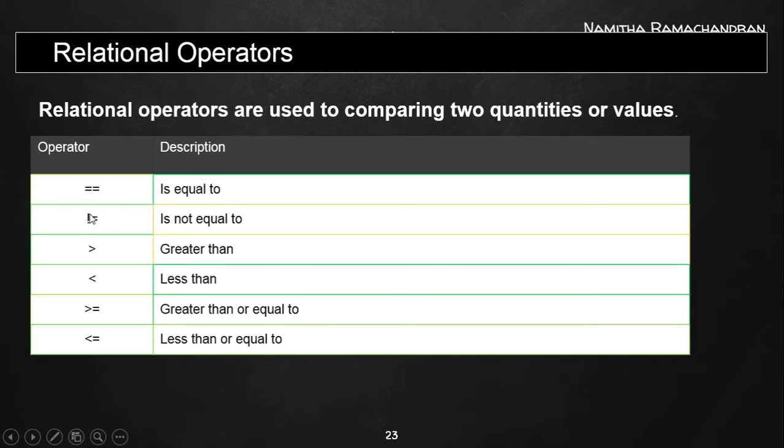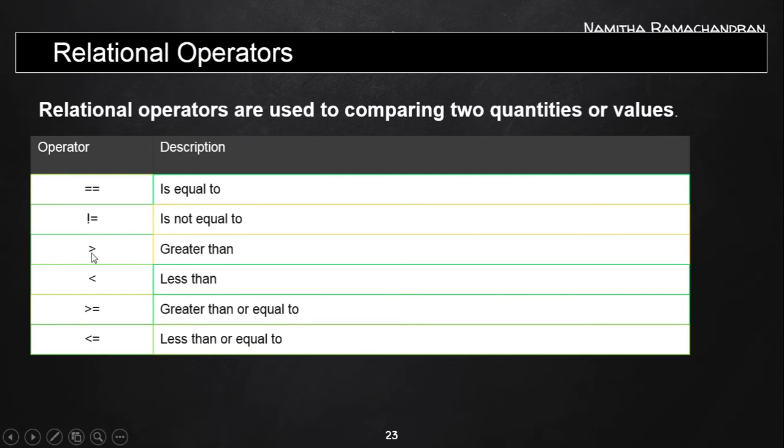And this one, an exclamation mark with an equal symbol, is used to check whether the two quantities are not equal. This one is used to check if the two quantities are equal, and this one is used for checking if they are not equal.